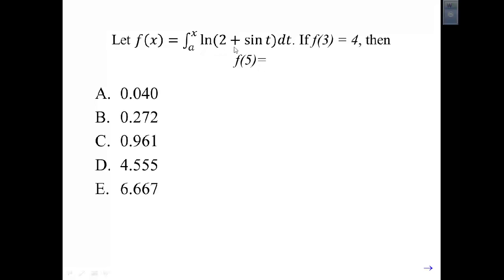All right, so this is an accumulation. It's going to keep adding values to it. So f of 5, we're going from some number, we don't know what it is, up to x. Well, here's what we're doing.